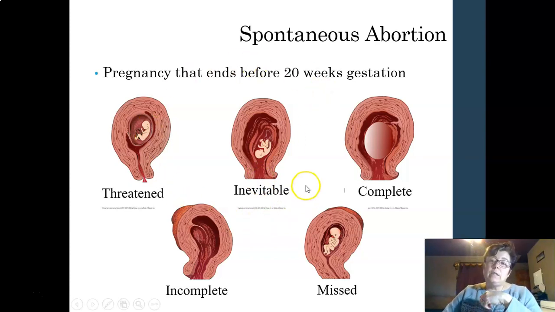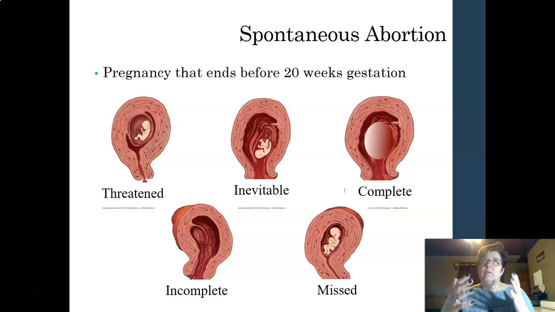Now, depending on how many weeks she is, that tissue passed is going to look different. If it is early, within the first 12 weeks, it's not going to look like a fetus or a baby. It's going to be bleeding, blood and mucus, and they may not even recognize the tissue per se.